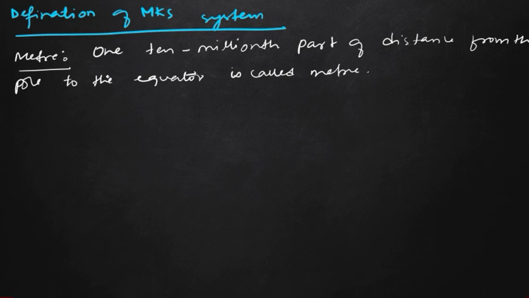Now there are some notations or conversions you need to know, the multiples of meter. First is 1 decameter, written as dam. It equals 10 to the power 1 meter, that is 10 meter.